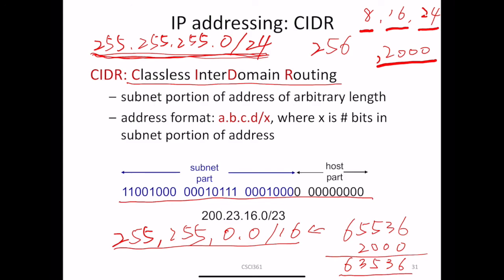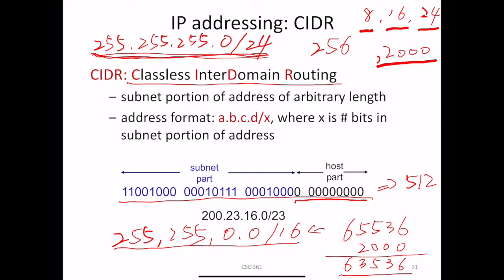For this domain, the first 23 bits will be the subnet part, and the last 9 bits will be the host part. Under this domain, we can have 512 IP addresses.